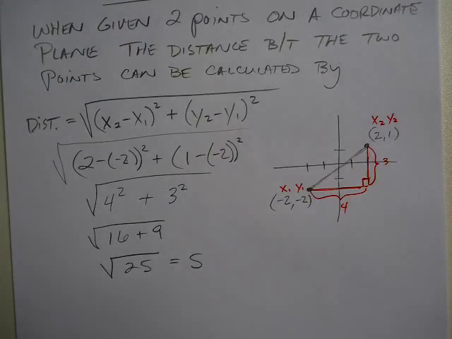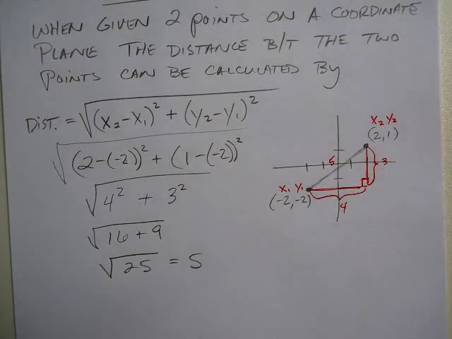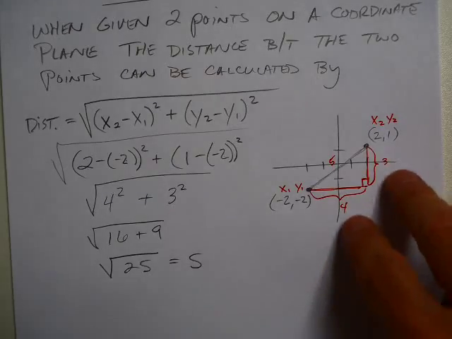And if I have a triangle with a leg of 3 and a leg of 4, the hypotenuse has got to be 5, right? It's a 3, 4, 5 that I drew. Okay? This is a far easier way.